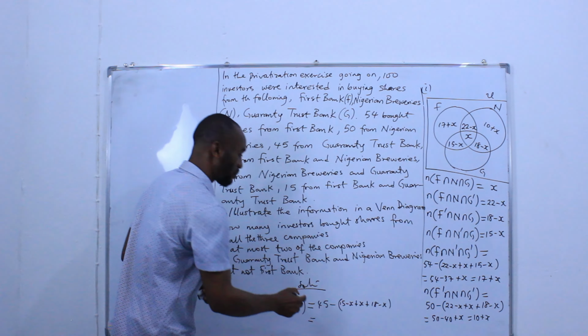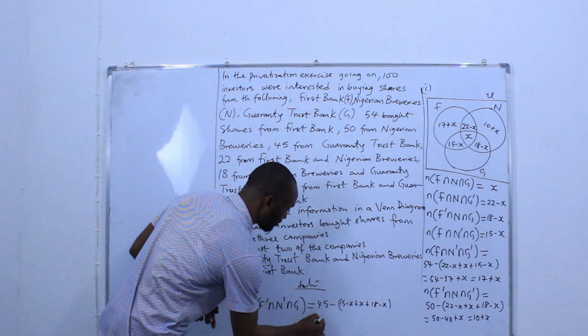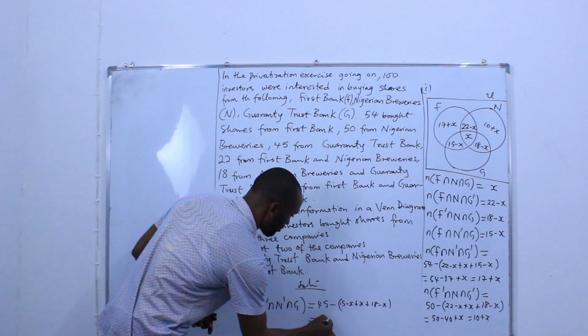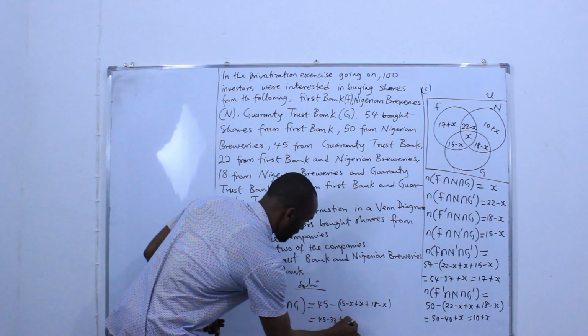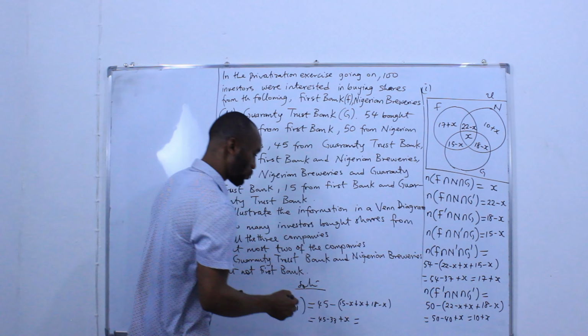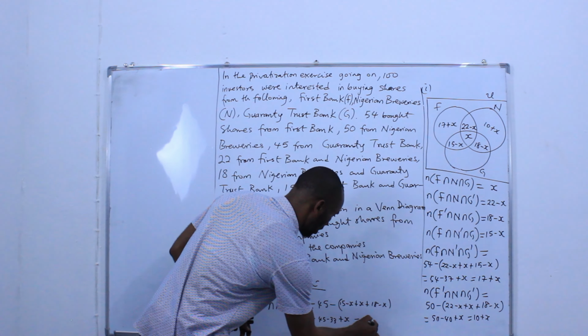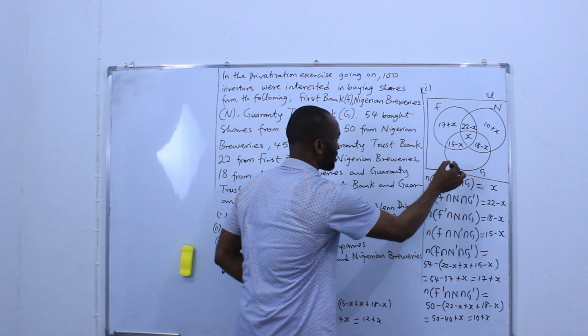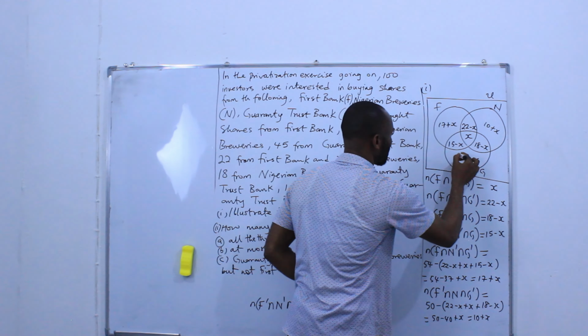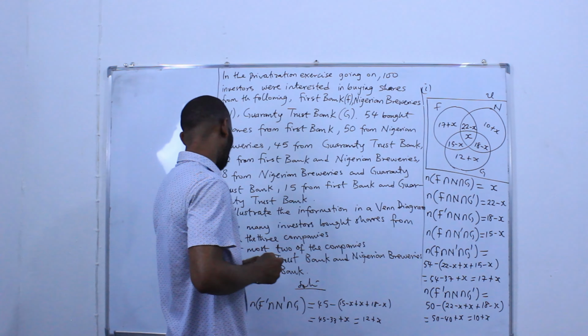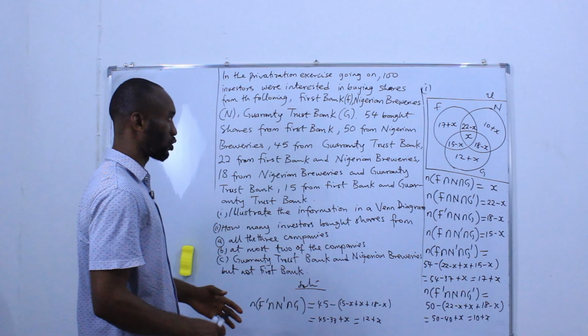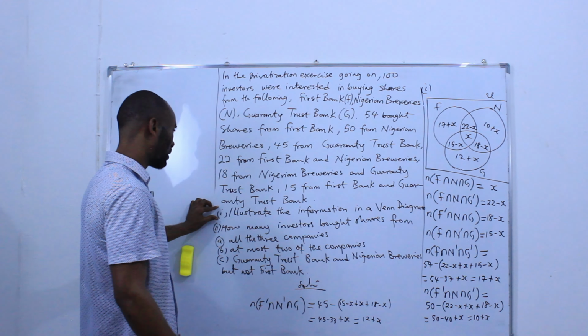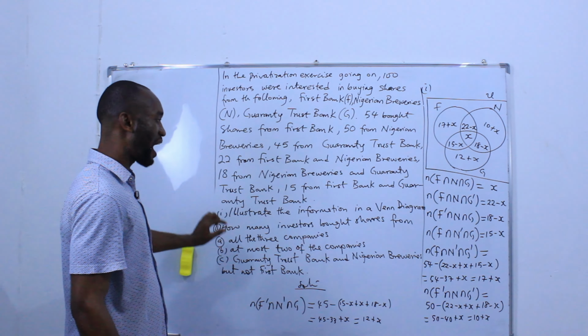Okay, 45 minus 33 plus x, that is 12. 12 plus x. Here is 12 plus x. Now we have represented the whole information in a Venn diagram. That takes care of I.